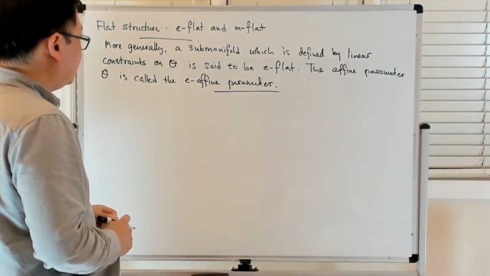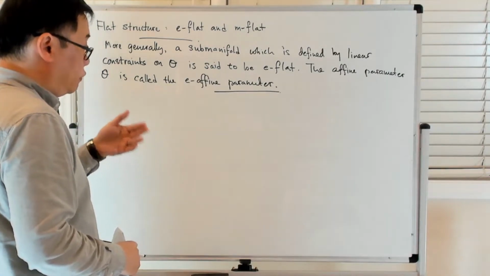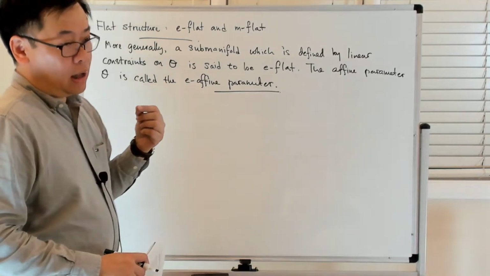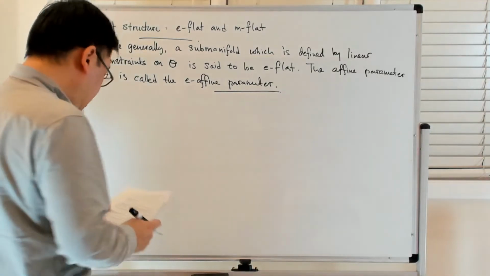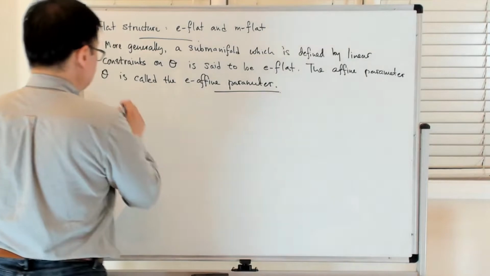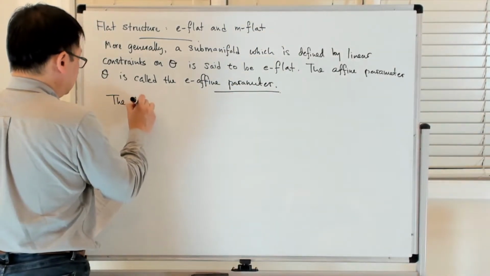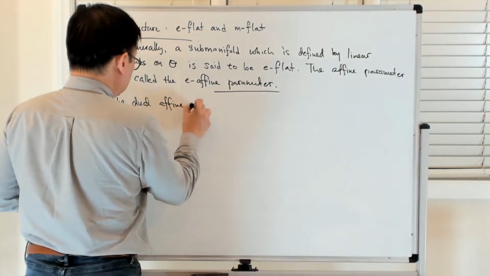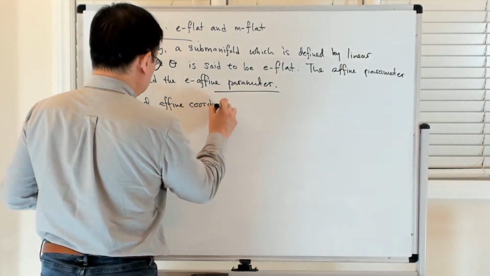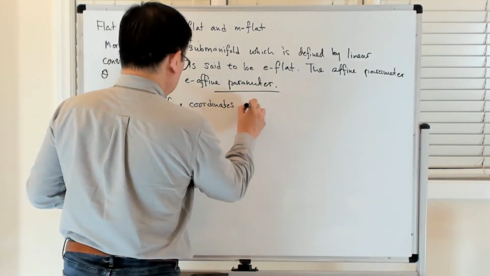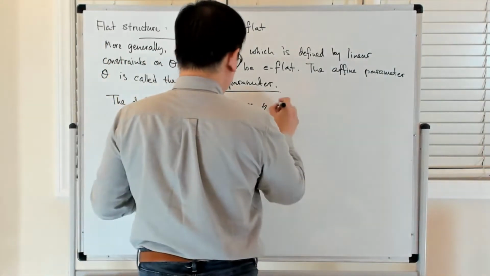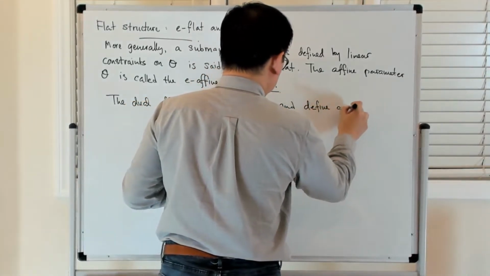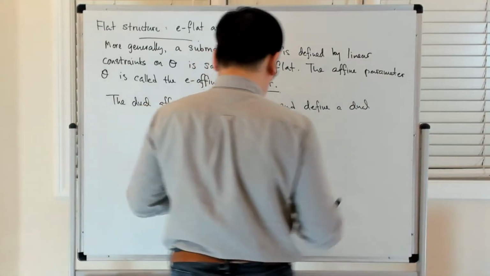And with respect to the dual affine coordinates, there's some notion of M geodesics and M flat. Okay, so we're going to talk about that. So the dual affine coordinates eta define a dual flat structure.